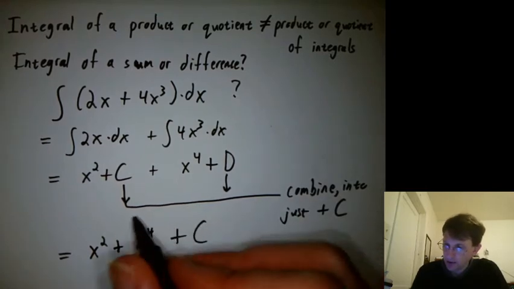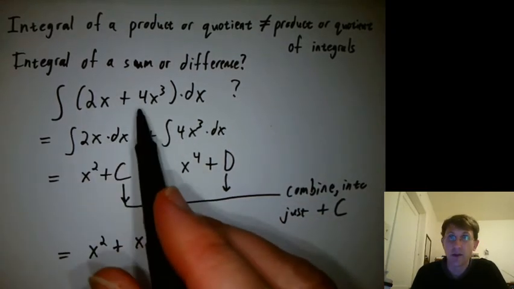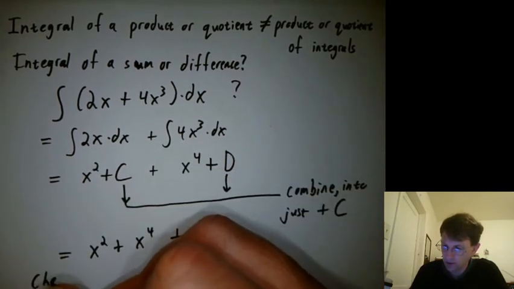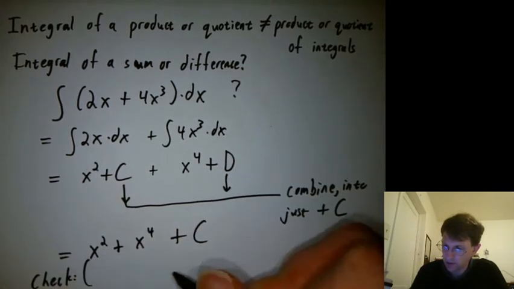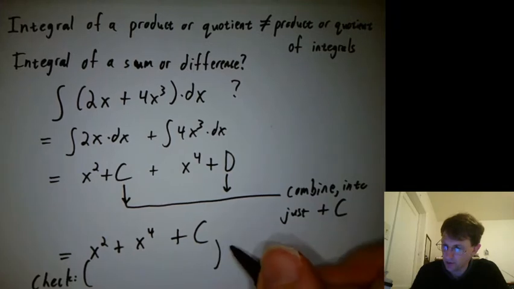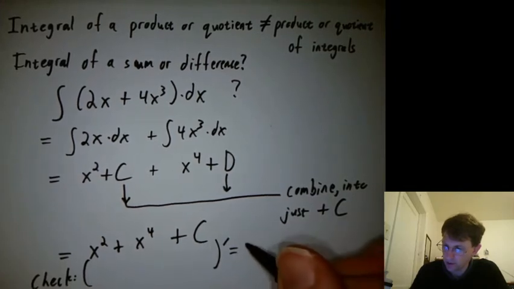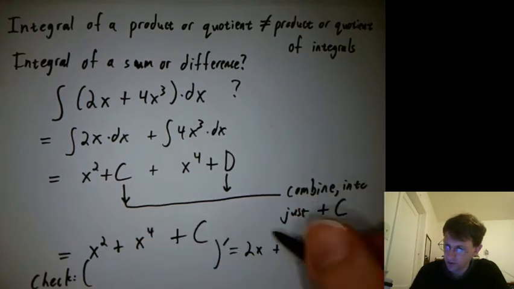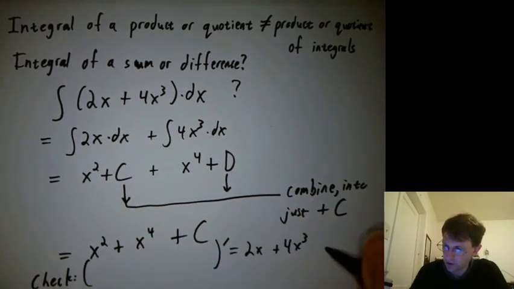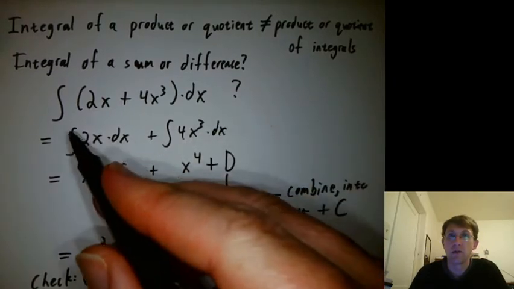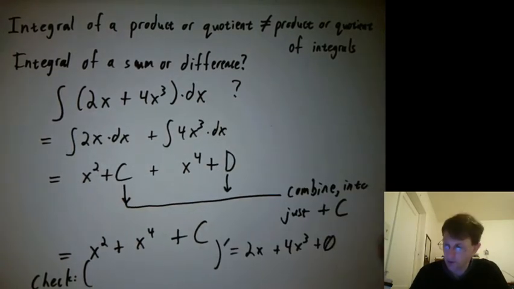So is that the antiderivative of that? Well, we can check it. What's the derivative of all that stuff? It would be derivative of x squared is 2x, derivative of x to the fourth is 4x cubed, derivative of plus c is plus 0, and we get the same formula we had there, so it checks.